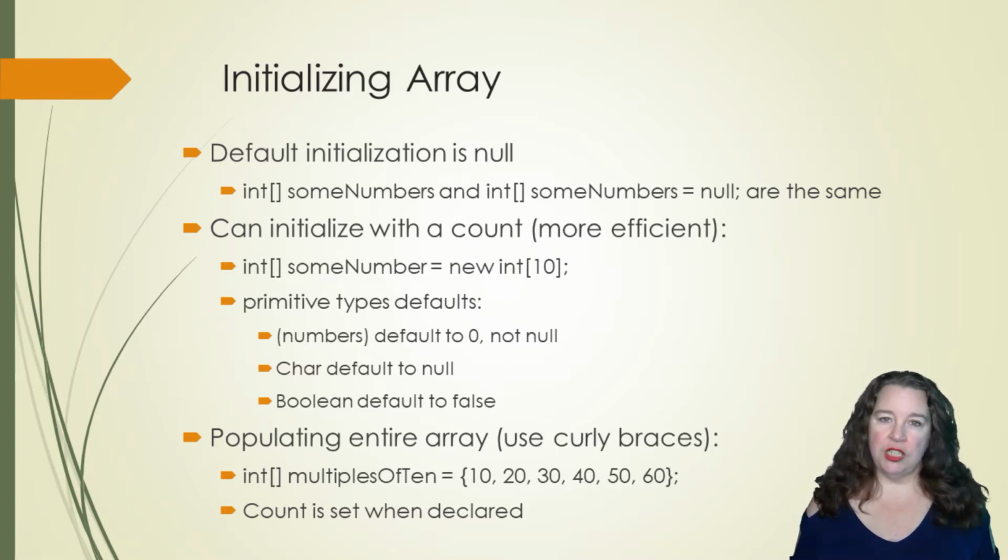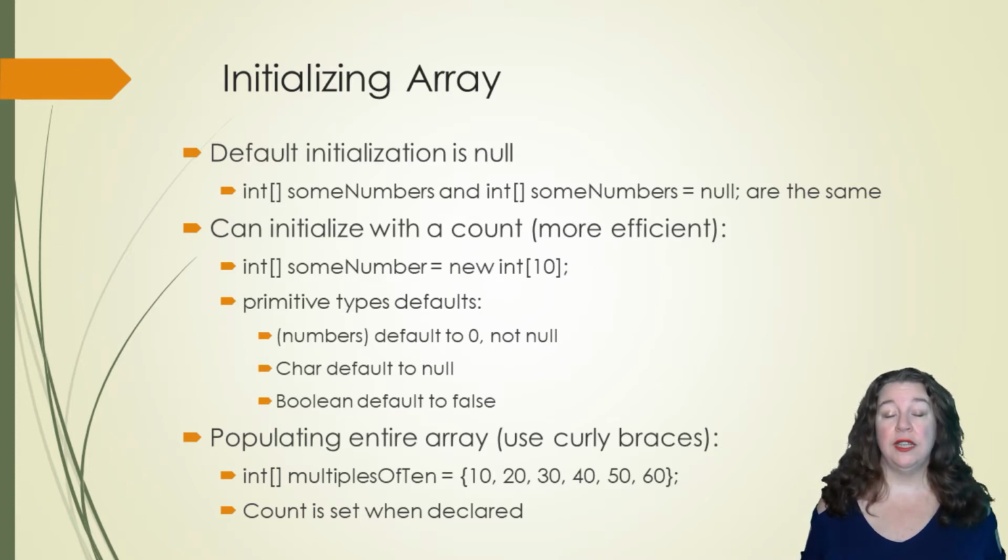Another way of initializing your array, rather than just saying a new integer that has 10 spaces, is to actually populate the entire array at the beginning. If this is an array that you understand, say the months of the year or the days of the week, you could go ahead and use curly braces and declare all of the values that are in there, initializing them to initial values when you declare it.